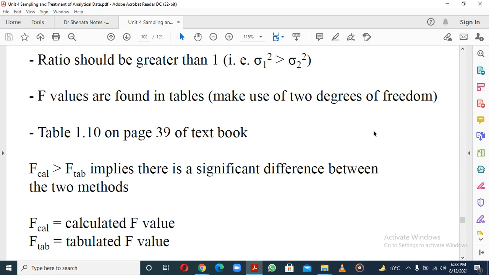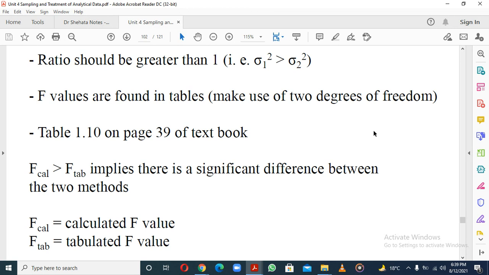We found our f value. If the value that we've calculated as our f value is greater than the f test table value that we are looking at, based on our degrees of freedom, then we say there is a significant difference between the two methods.